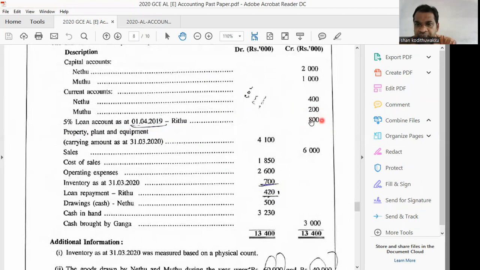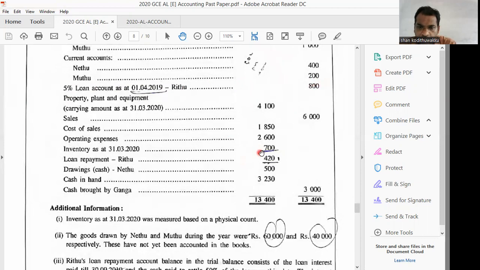When you calculate interest for 6 months, 800 into 5% into 6 over 12, because 5% interest is for the whole year, 12 months. If you take half of that, 6 over 12, that is equal to 6 months' interest. Or you can take 2.5% from 800. That is also equal to 20. That is what they have included in the trial balance loan repayment, Rithu.